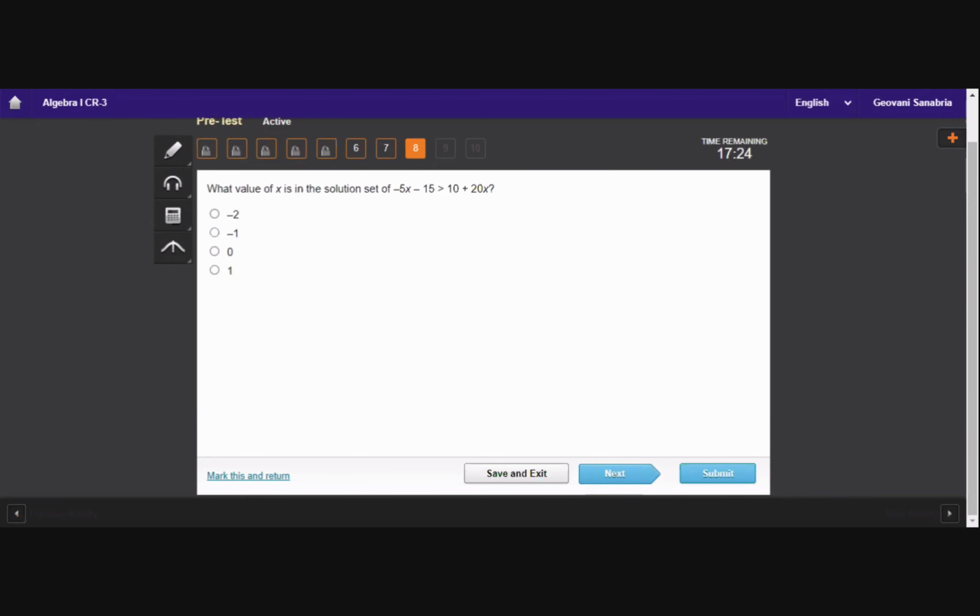Same idea. We're going to add the 20 and the 5.